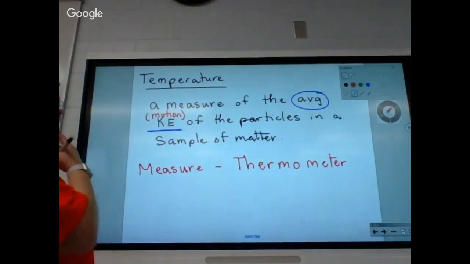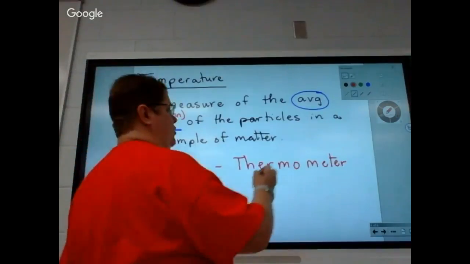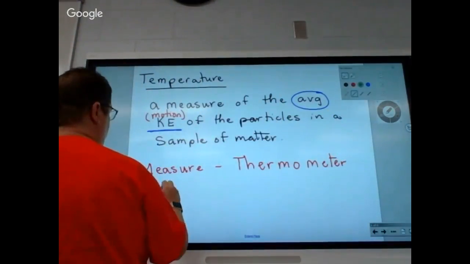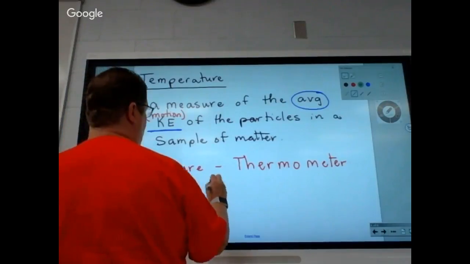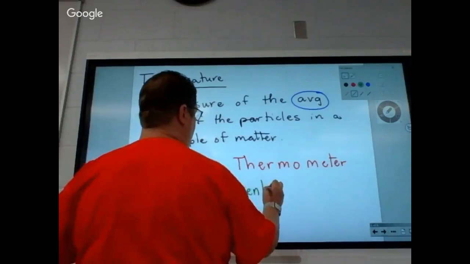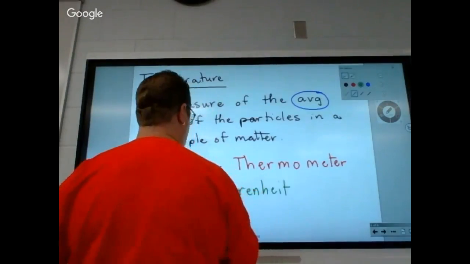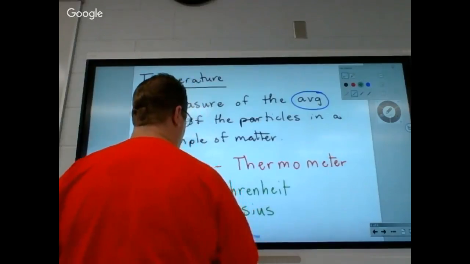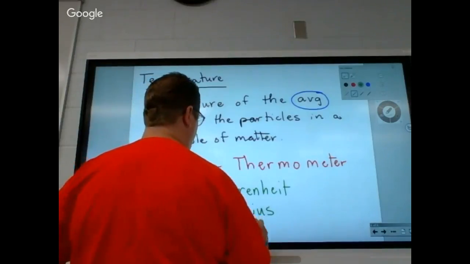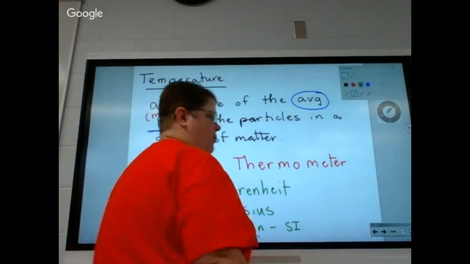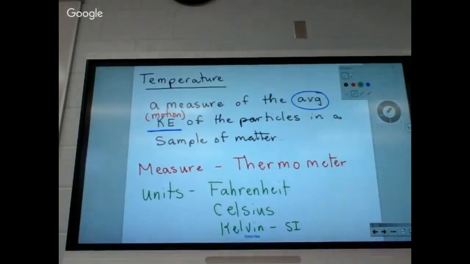Now, the units that we use for temperature are Fahrenheit, and you're going to have to learn how to change all of these. Fahrenheit, Celsius, and Kelvin, which we talked about on day one. Kelvin is your SI unit. A lot of you had forgotten that on the quiz, but Kelvin is the SI unit.